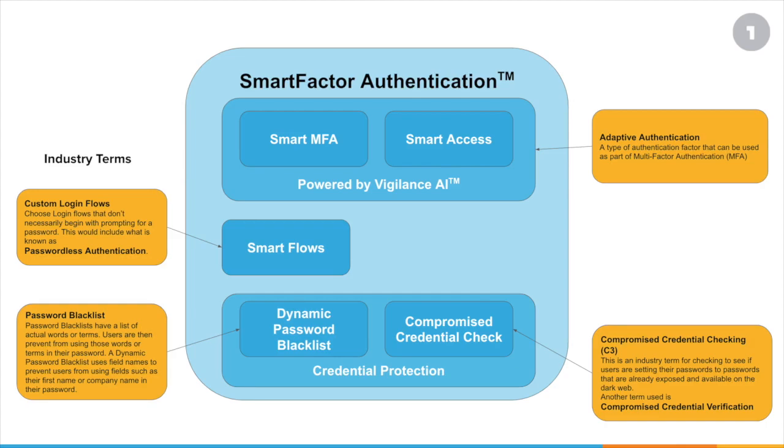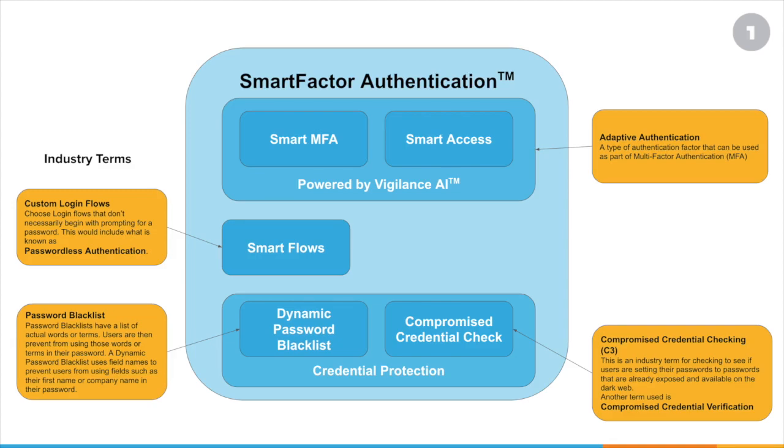Smart MFA uses the risk score to suppress MFA prompts if the behavior is close to the user's normal login behavior, while Smart Access will actually deny login attempts that are significantly different from the normal login behavior. These components would be called adaptive authentication in general industry terms.